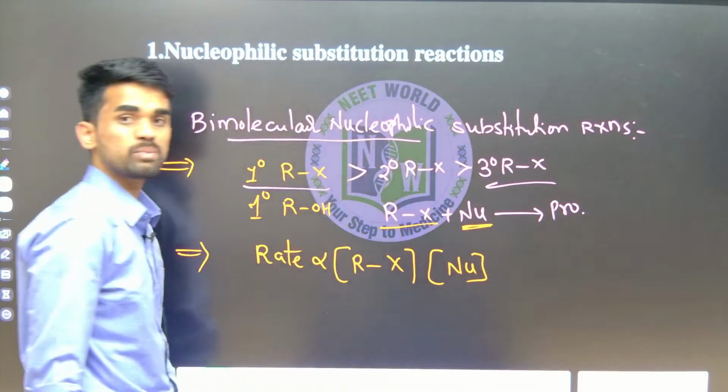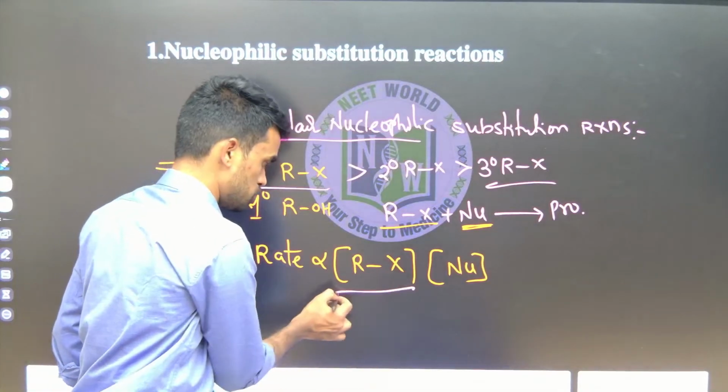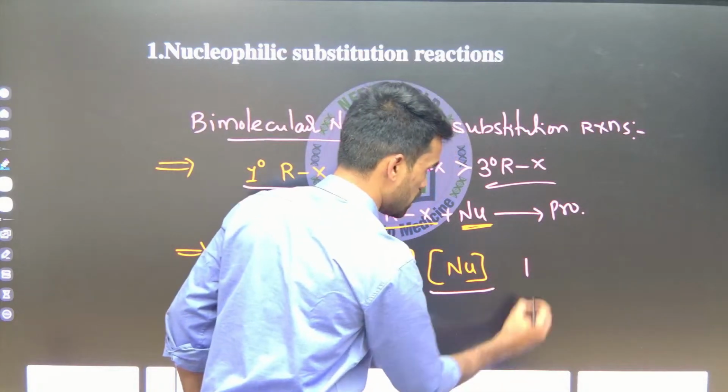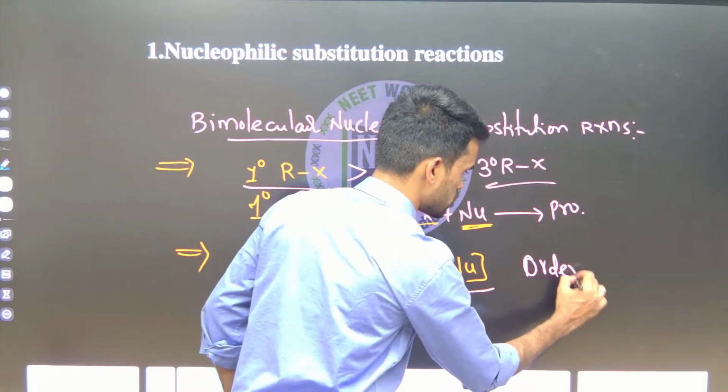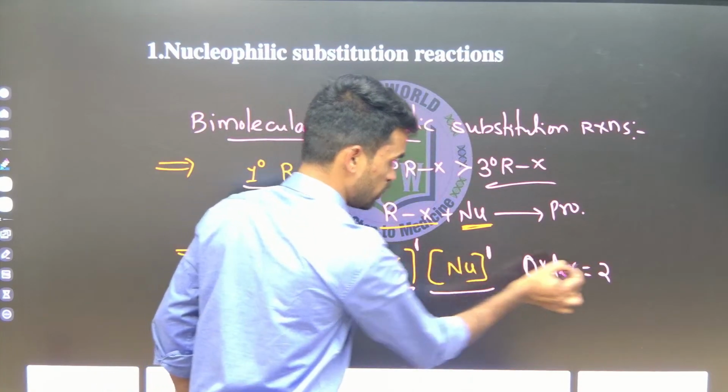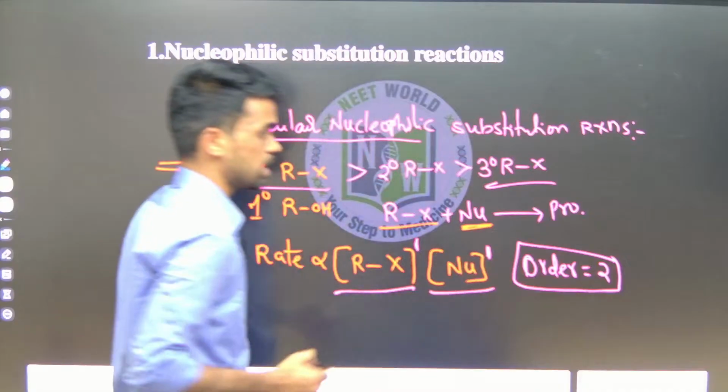So in the rate determining step, both the substrate and the nucleophile are involved. The order of this reaction is 1 with respect to substrate and 1 with respect to nucleophile. So the total order of this reaction is 2.